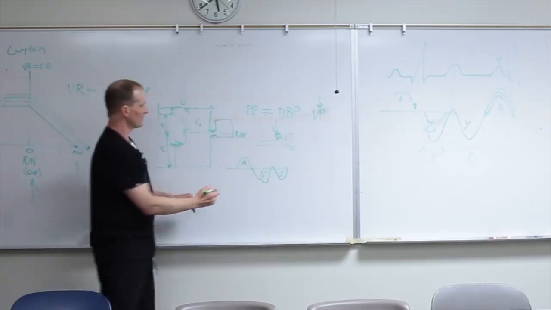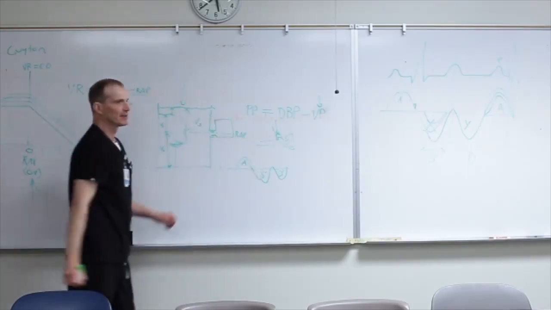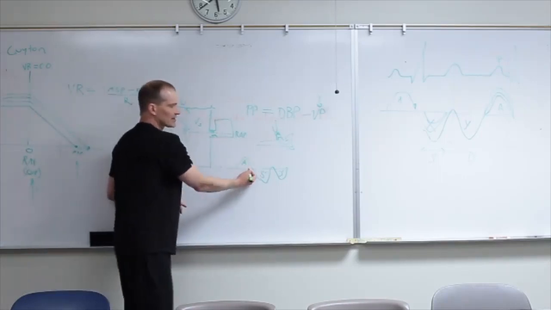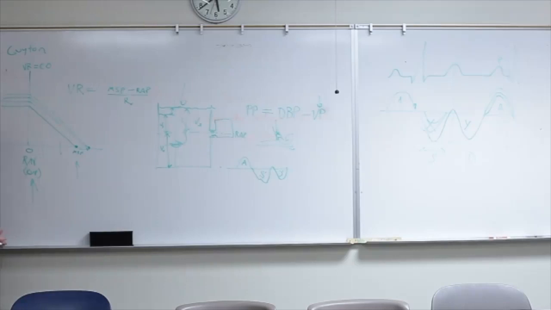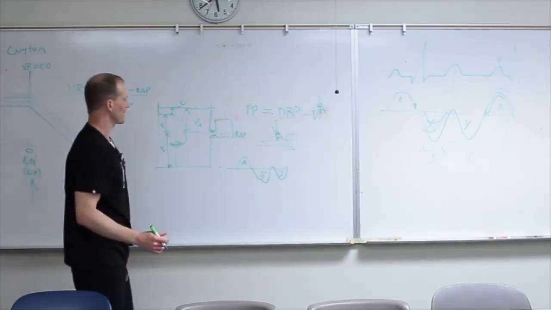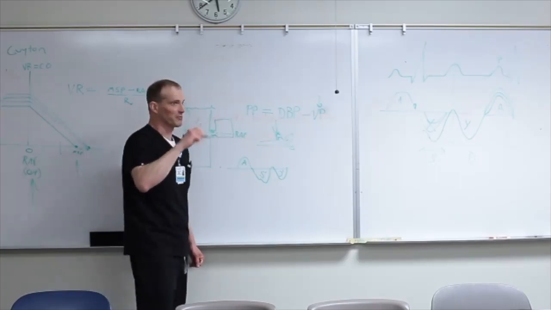Okay? So remember, this is like a velocity time integral, right? So the area under the curve actually equals total distance traveled, right? Rate times time equals distance. And if we have a cross-sectional area, we can say it's a volume, right?